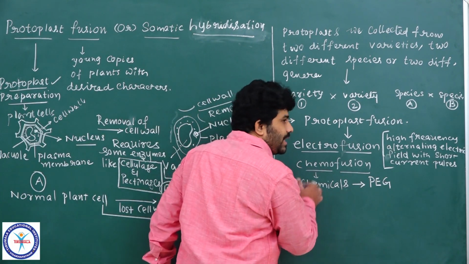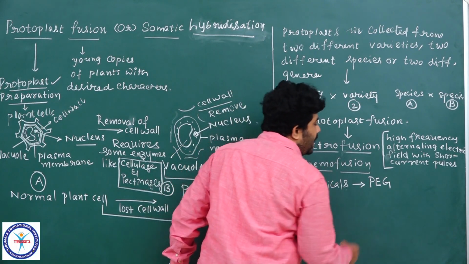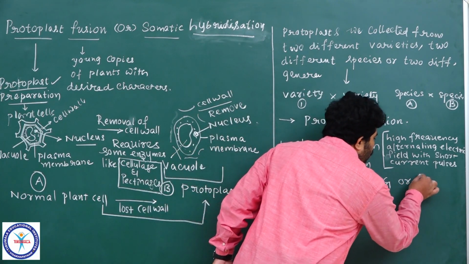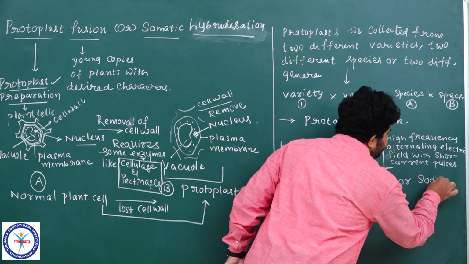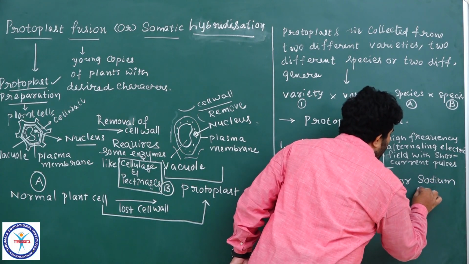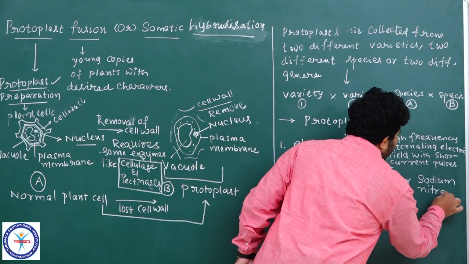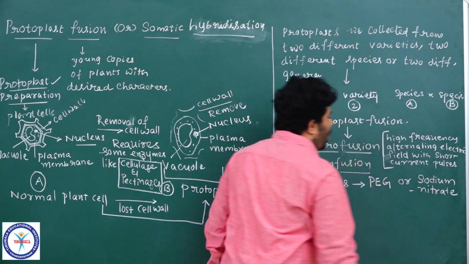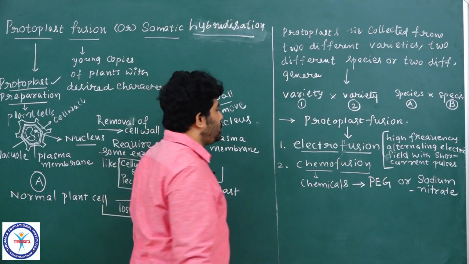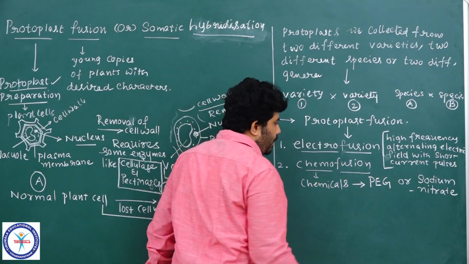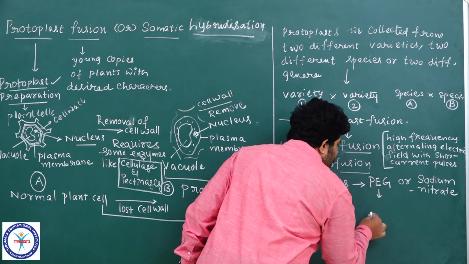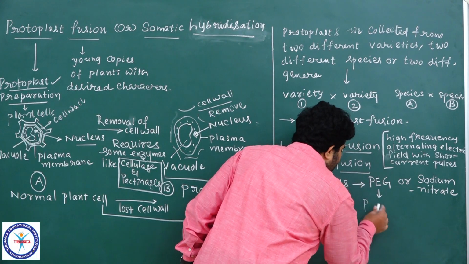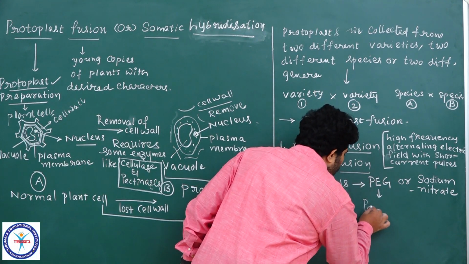In chemofusion we are using chemicals like PEG or sodium nitrate. PEG or sodium nitrate are the chemicals we are using to fuse the protoplasts. Now got the point? Here PEG full form is what? Polyethylene glycol.